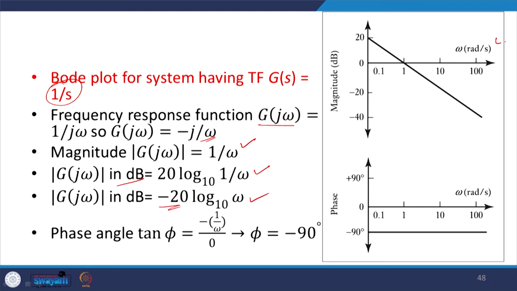So, if I plot it with ω, the magnitude, this is what I am going to get. Okay. And you see that at ω is equal to 1, this is going to be equal to 0. So, this plot is intersecting over here. Similarly, I can find out phase as minus 90 degrees. So, I can plot it like this.